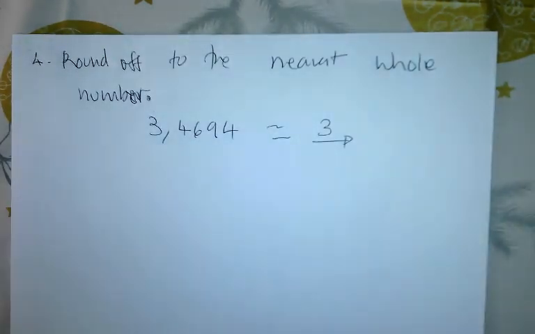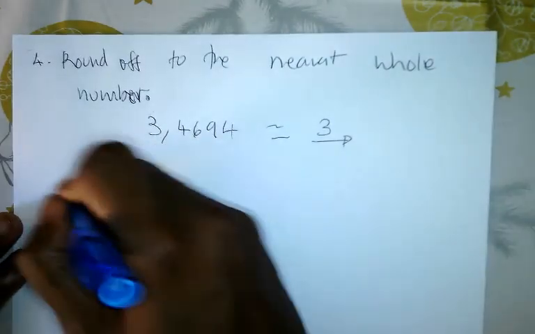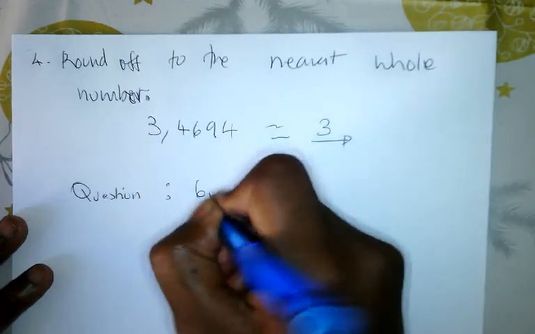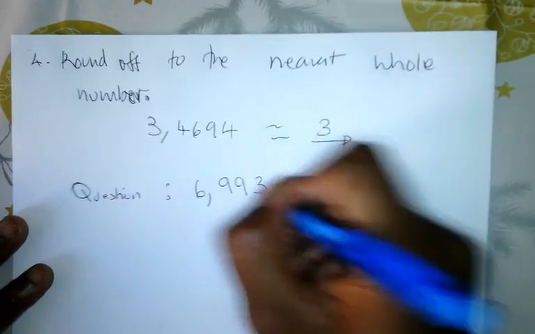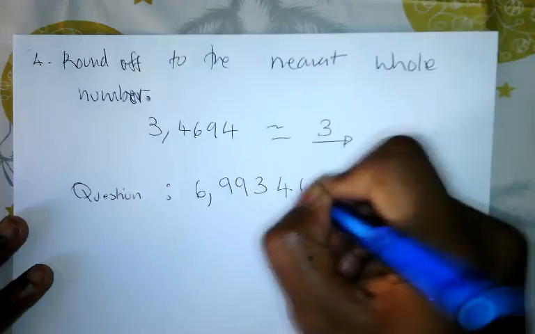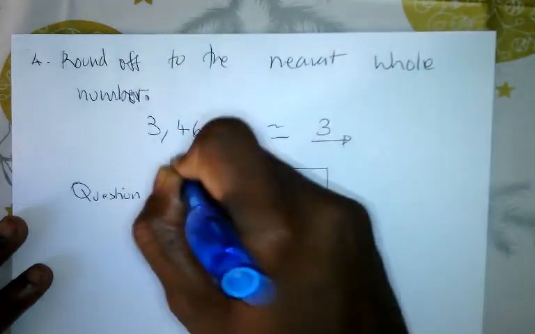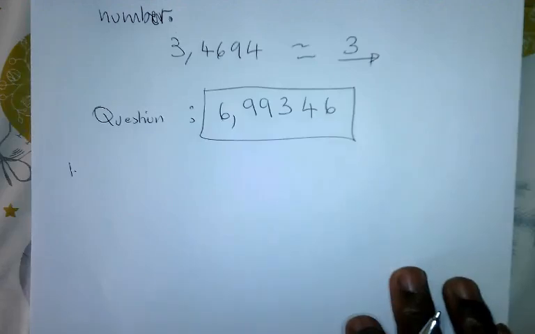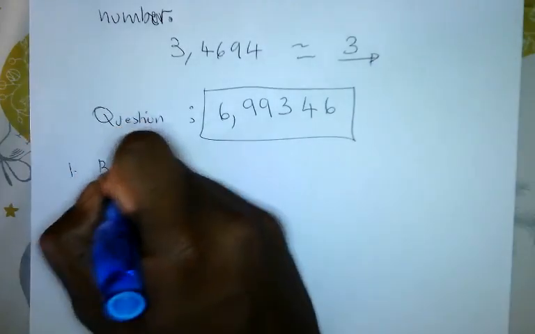Question 6,99346. Round off to 4 decimal places.